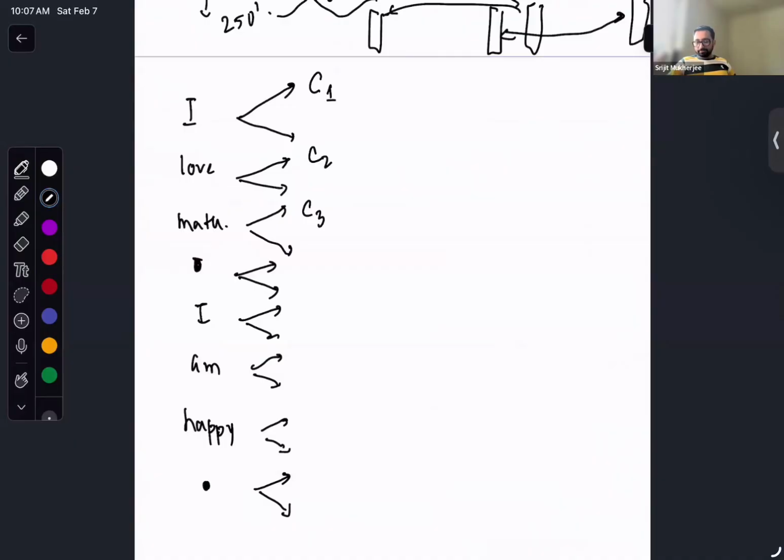This is a context embedding, C6, C7, C8. But there's also positional encoding, which is another similar vector of the same size. Both of them are vectors.